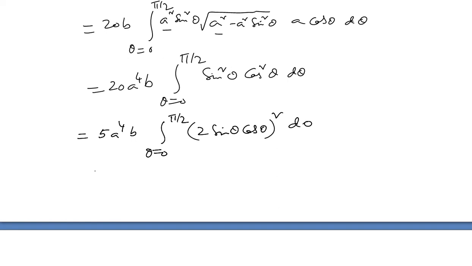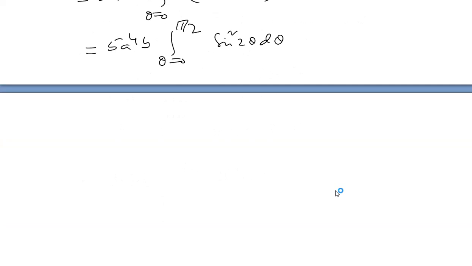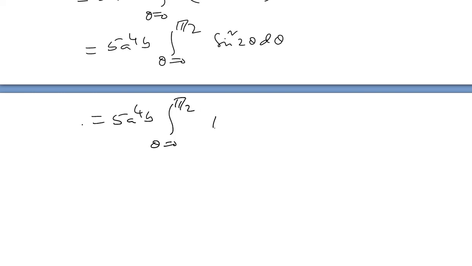So 4 fives are 20. Okay, then no problem. This is sin 2 theta, theta is 0 to pi by 2, sin square 2 theta d theta. Sin square 2 theta can be written as 1 minus cos 4 theta by 2, theta is 0 to pi by 2.